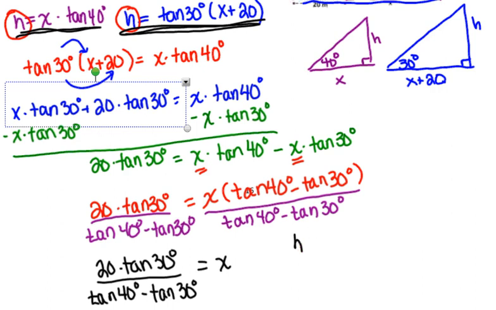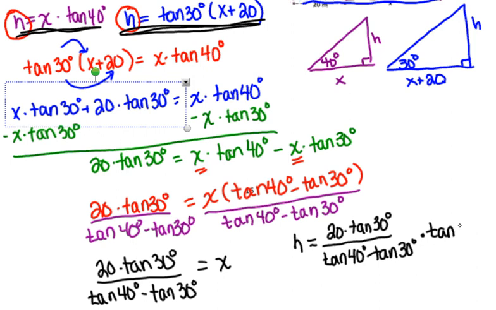So this says to find h, go multiply x. So I'm going to substitute in that big fraction in place of the x. And I want to multiply that times the tangent of 40 degrees.